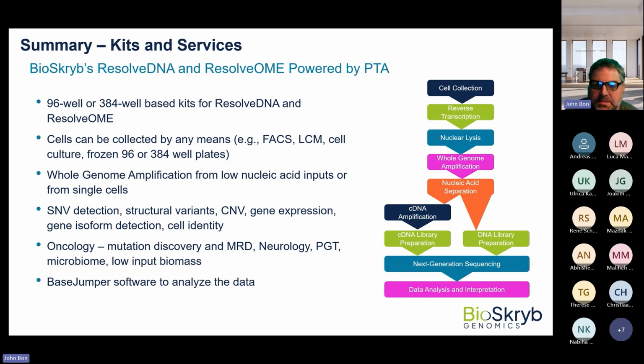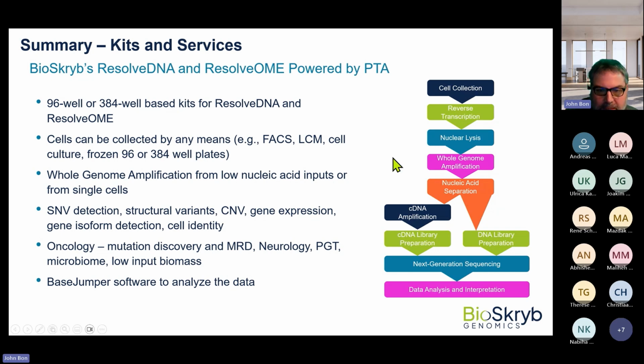Neurological applications we discussed, to look at disease cells versus normal cells, or just look at normal cells over time and look at the mutation burden that's accumulated in those neurons over time. Pre-implantation genetic testing: again, we have a deal with Cooper Genomics. They use our technology, the ResolveDNA, to look at PGT-A, which is aneuploidy in embryonic cells, and also PGT-M, or monogenic disorders they're looking for on the PGT side.